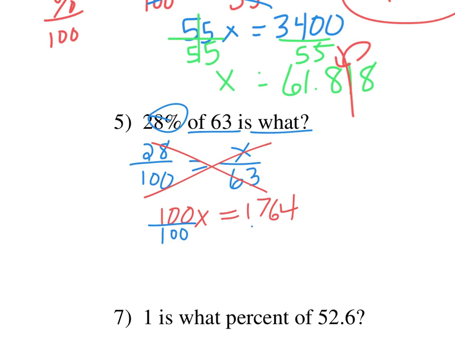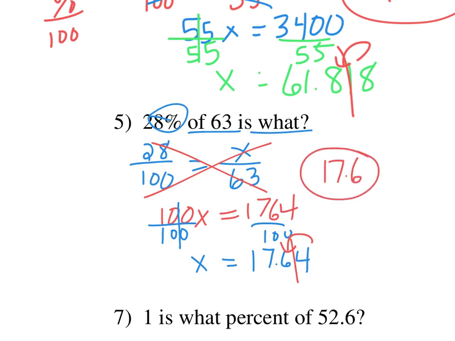Divide by 100 on both sides. That isolates the variable. X is by itself. Divided by 100. And it gives me 17.64. Round it to the nearest tenth. 4 doesn't change it. So the final answer, 17.6.